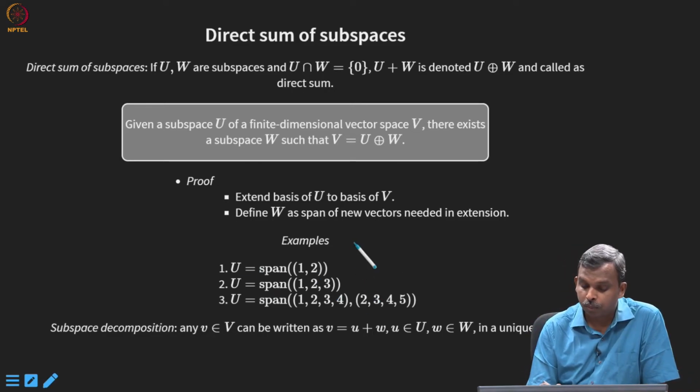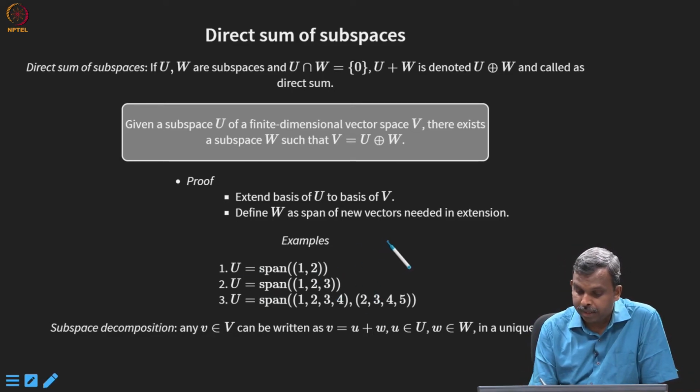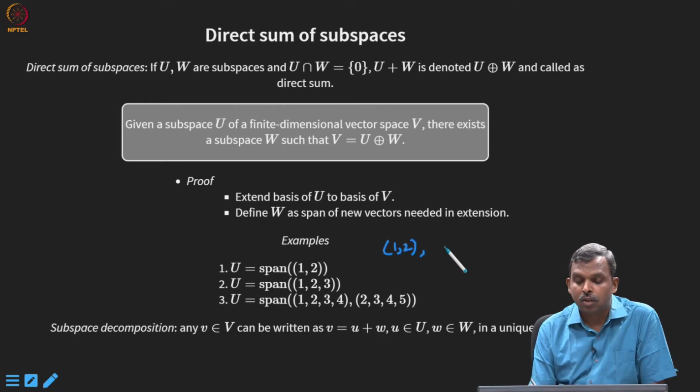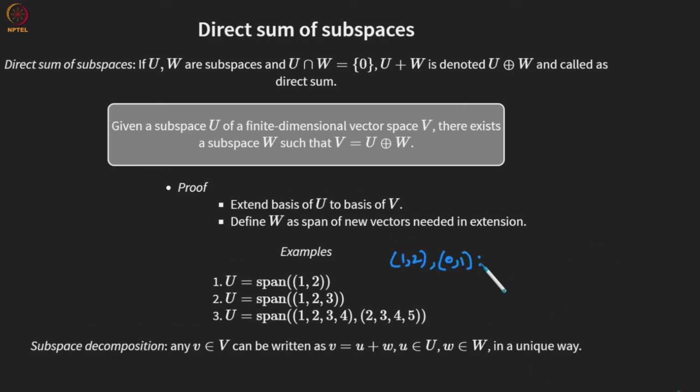So, this is U. Now, how can I extend (1, 2) to a basis of R2? It turns out there are infinitely many ways to do it, isn't it? One could do it as, say, (0, 1) is a basis of R2, but so is (1, 2), say (1, 0).